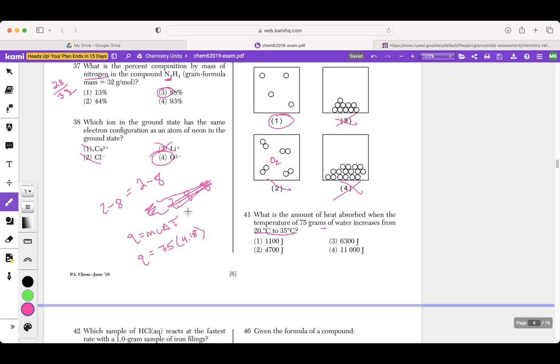So 35 minus 20, which is going to equal 15. So now we plug into our calculator and we say, okay, 75 times 4.18 times 15. It's going to roughly give us 4,702.5. We can just choose 4,700.